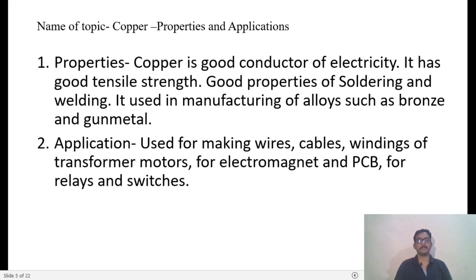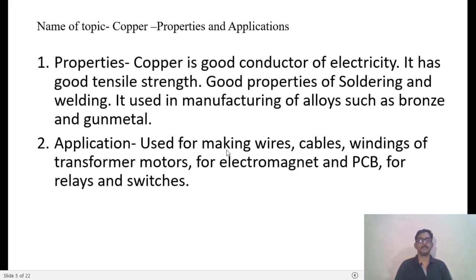But people cut the conductor and sold the copper. These incidents have happened, so nowadays copper is replaced by aluminum.